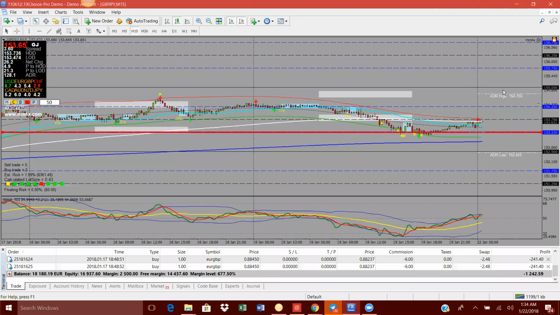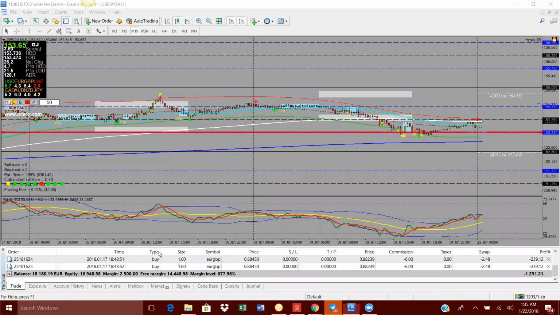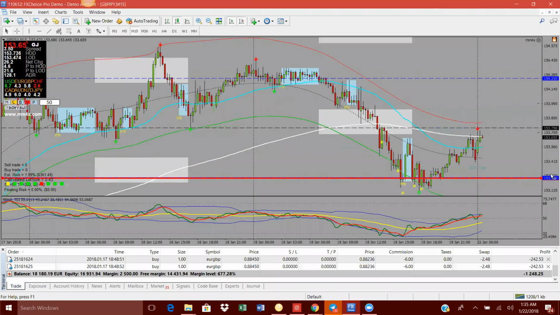So 156,320 is around here. So maybe it could come to ADR high, then drop. Anything can happen. What we want is to have long-term trades, and we'll have a profitable trade.